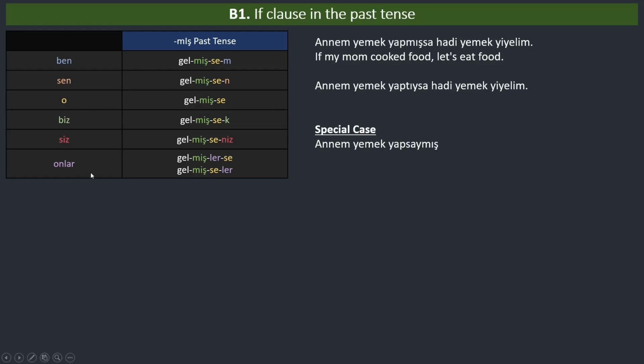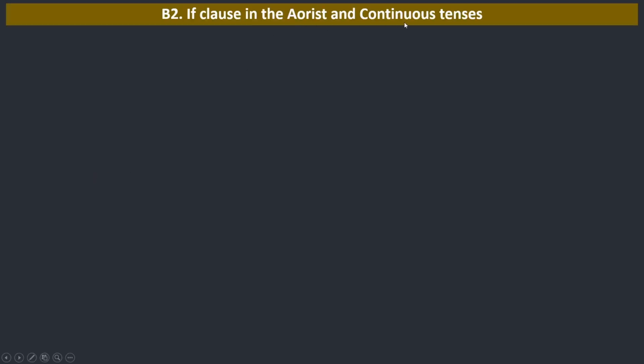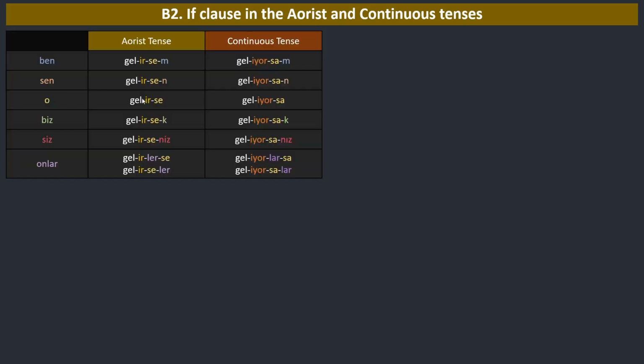Okay, I will just move to aorist and continuous if clause. Like geliyorsam or gelirsem or gelirsen or geliyorsan. So if you know how aorist and continuous work, the if clause combination will also be easy.